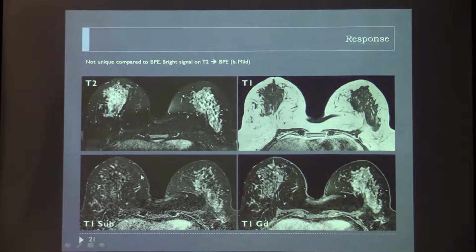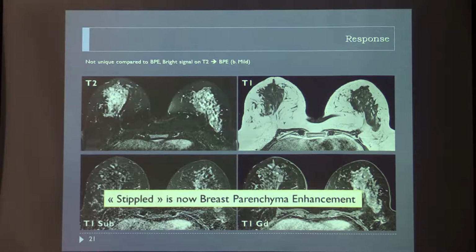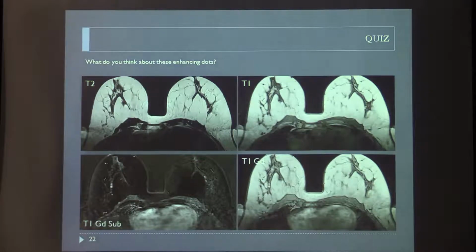So this is actually benign. This is just fibroglandular tissue. In the previous version of the BI-RADS, we had this definition, the stippled enhancement. It has disappeared in the new version, and we just have to speak about background parenchymal enhancement.